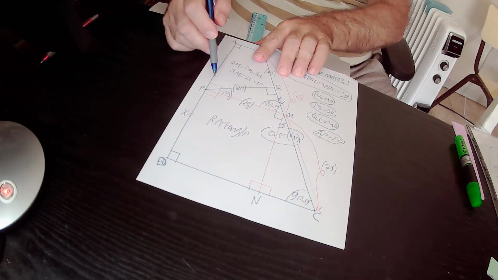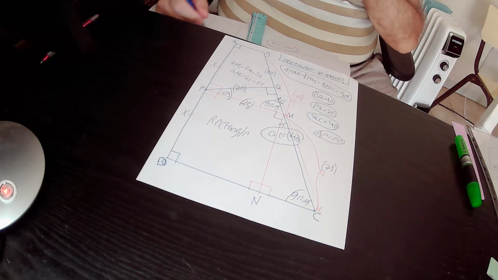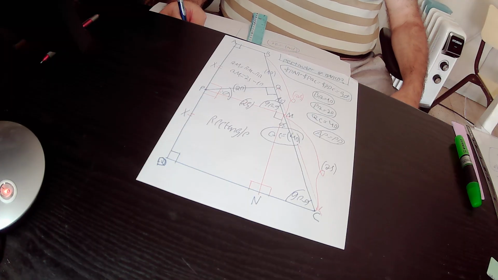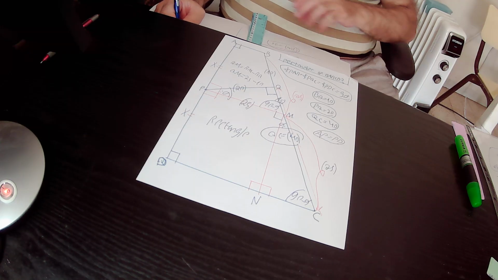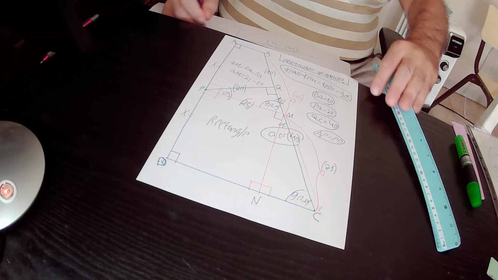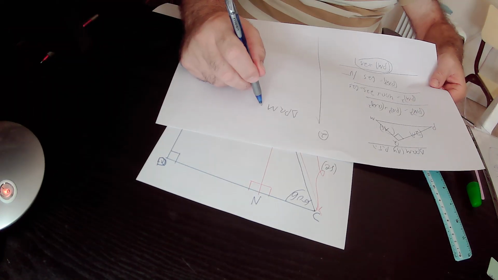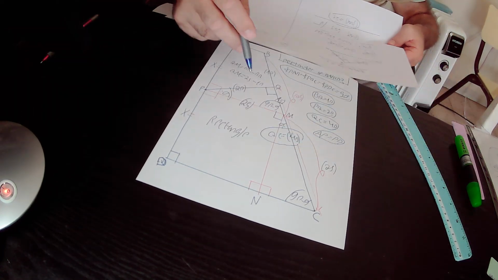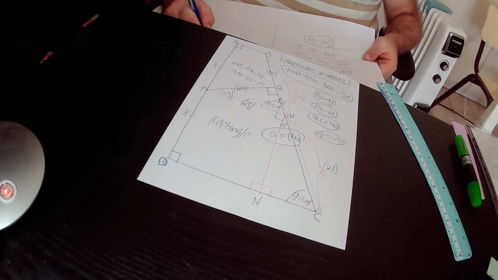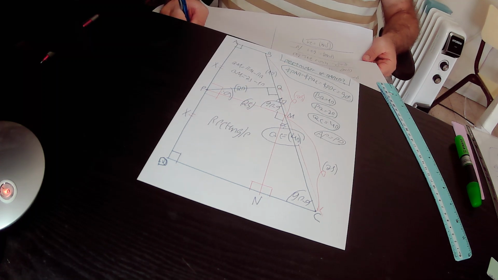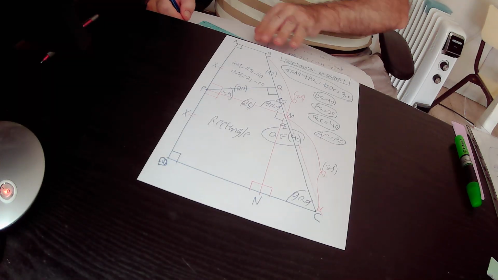this is the right triangle PQM, and it's congruent, this is the sign of congruent, to this right triangle MNC, according to the angle-side-angle rule.